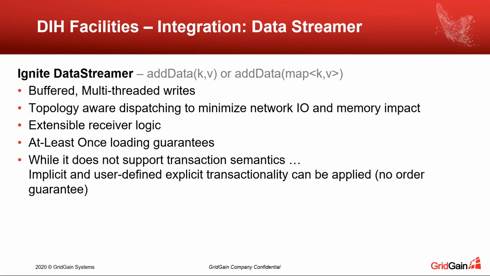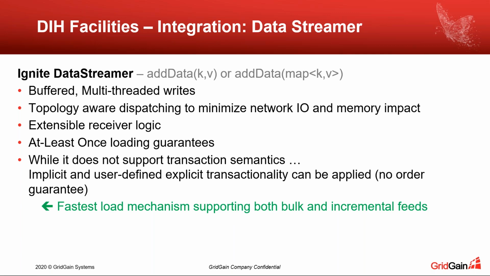And while it does not support transaction semantics, you can have implicit and user-defined explicit transactionality if you want. However, be aware that there is no order guarantee because they may arrive at different nodes at different times. Okay, and again, this is the fastest load mechanism supporting both bulk and incremental feeds into your cluster.